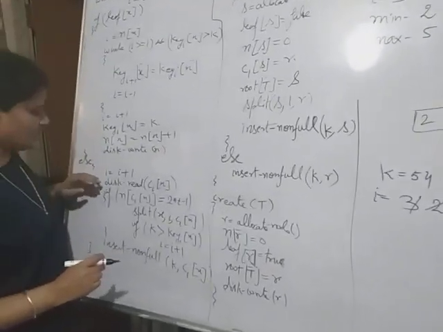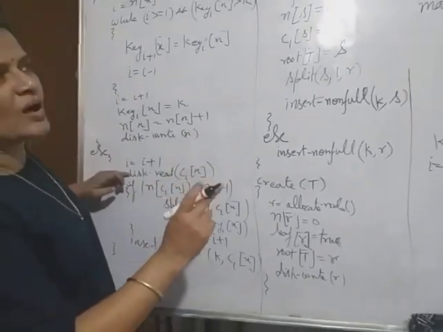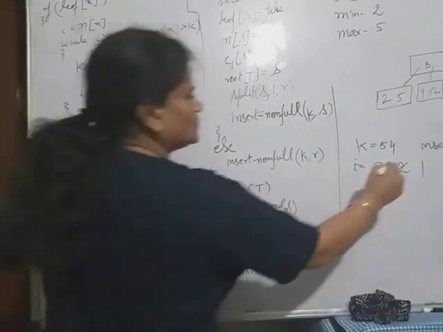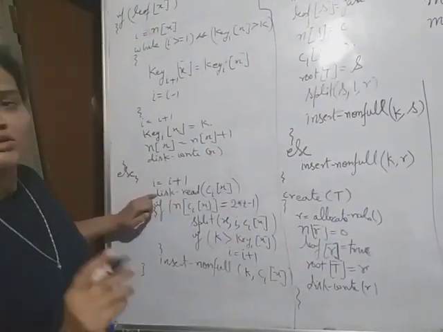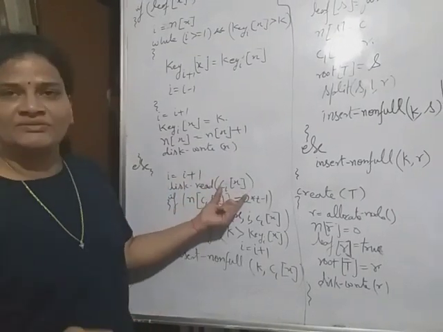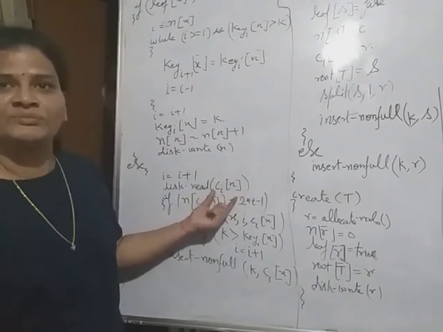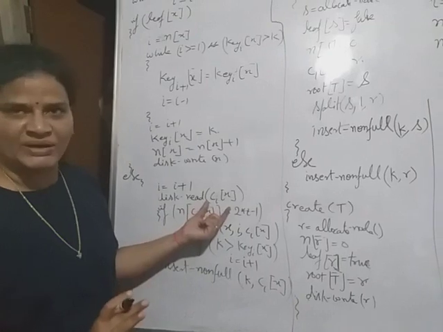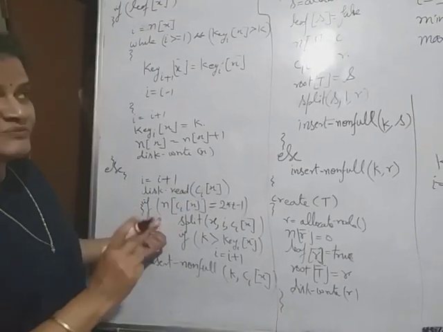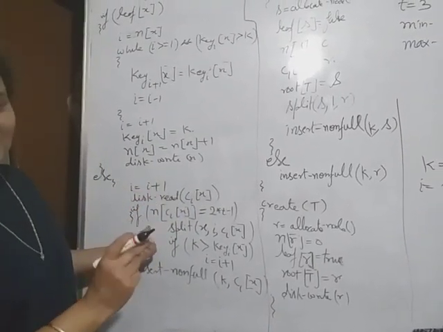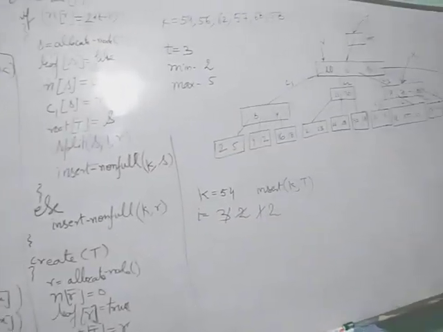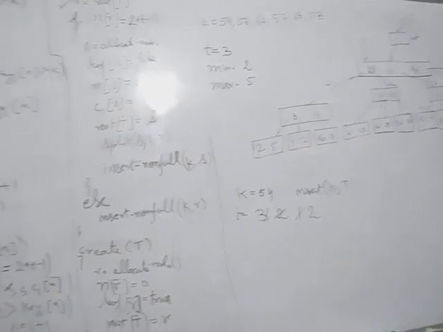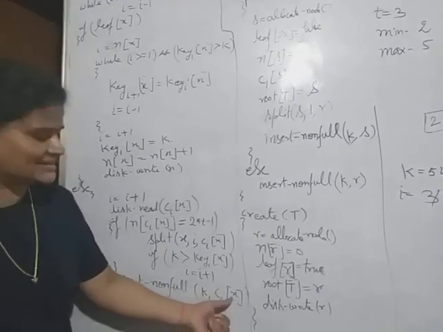So I is 2. The second child will be loaded from the secondary storage device to primary memory, and then checked whether the second child of x is full or not. It is not full, so it will call insert non-full.